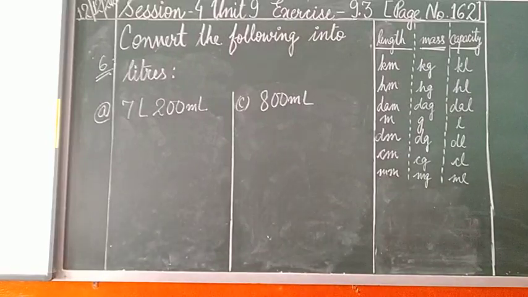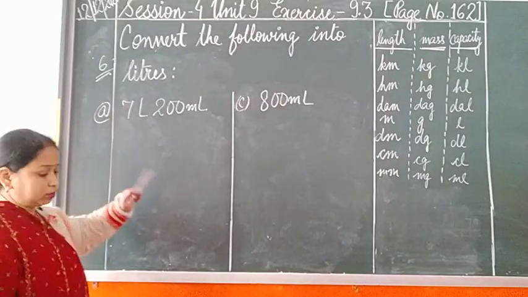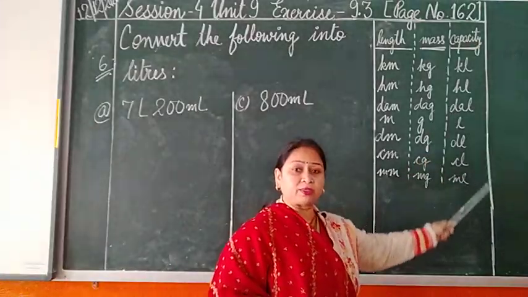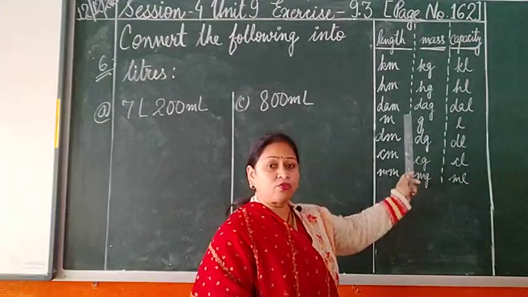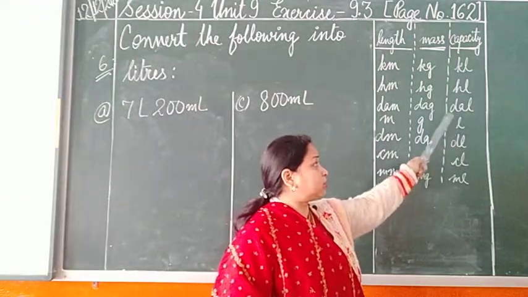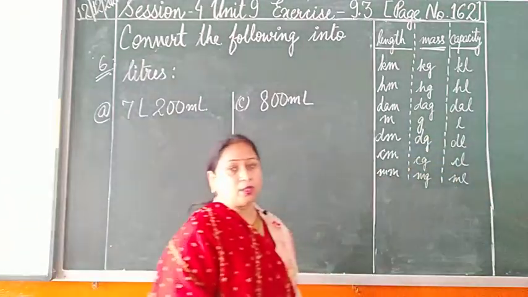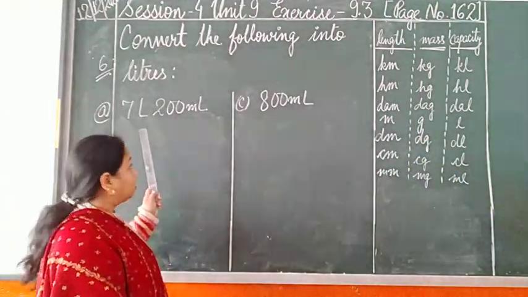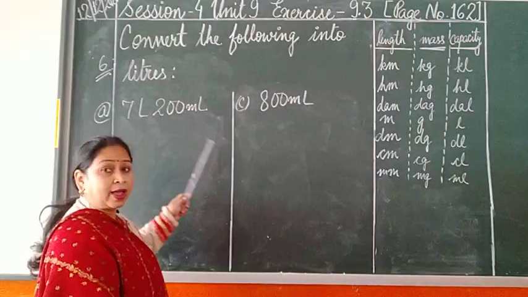Now children, since we are doing convert the following into liters, which table are we going to check now? We will be checking this capacity, the unit of capacity: milliliter, centiliter, deciliter, liter, decaliter, hectoliter, kiloliter. The question given to us is convert the following into liters, and conversions will take place between liter and milliliter.